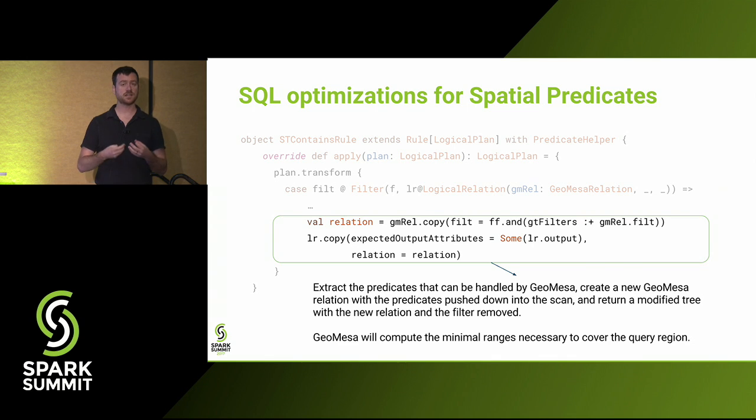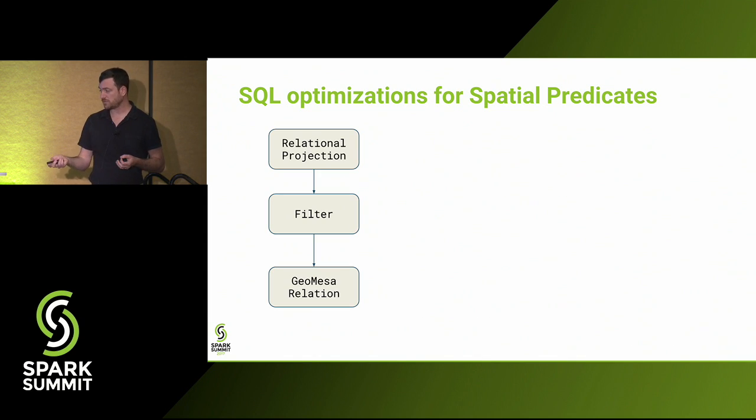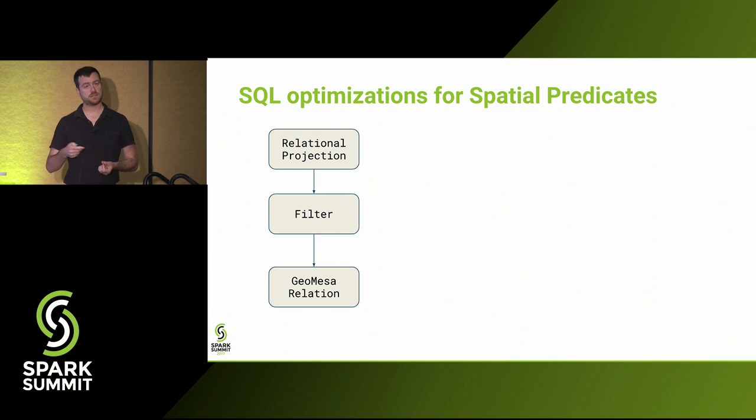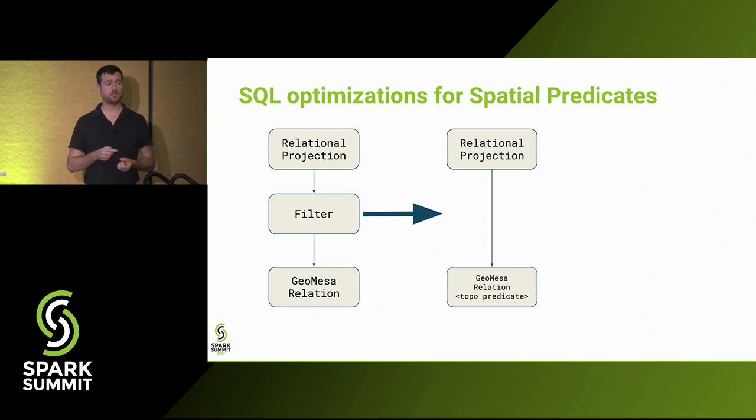And if it does, it rewrites the SQL abstract syntax tree into something that is more optimal. So basically, what we've done is we've gone from a syntax tree that looks like this, where we have a relational projection at the top, a filter, and the GeoMesa relation. After we pass it through the optimization phase, we remove the filter and push that down into GeoMesa so it only scans the relevant data and loads the relevant data into the RDD.